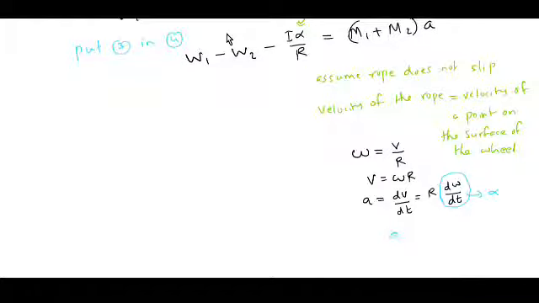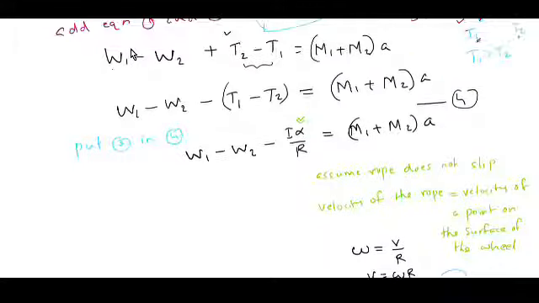Therefore, acceleration A, the linear acceleration, I can connect to the angular acceleration in this way. Or we can write alpha is equal to A by R. I think let us put this as equation number 5.